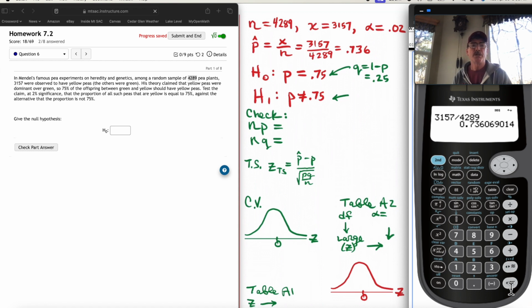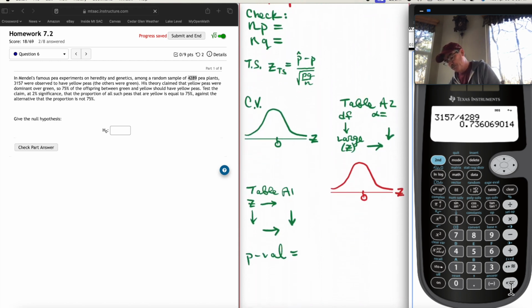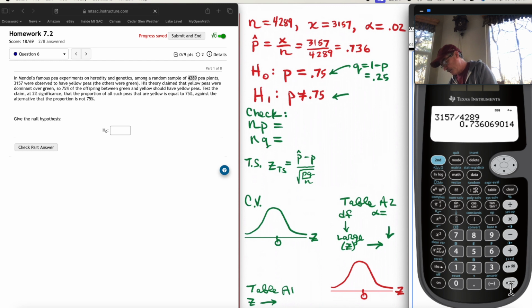Okay, so now we can go ahead and do our check here. By the way, I guess we could enter some of these values. Remember, when your alternative hypothesis says not equal, it means less than or greater than. So I just wanted to note that this is going to be a two-tailed test.